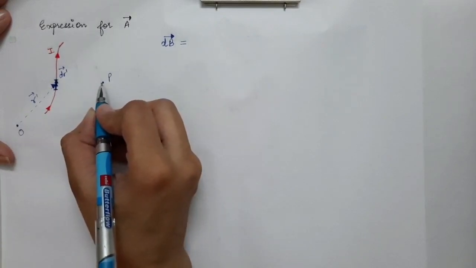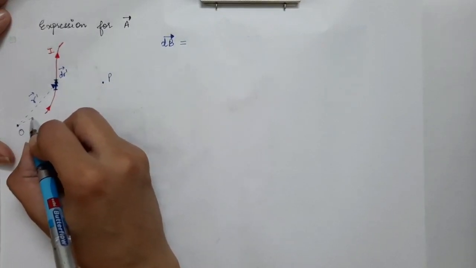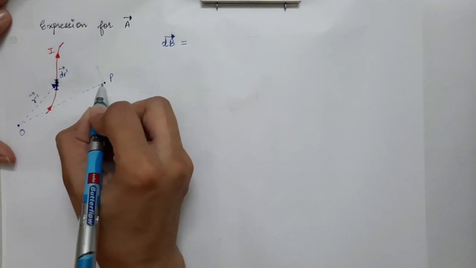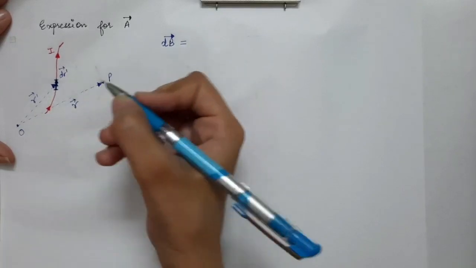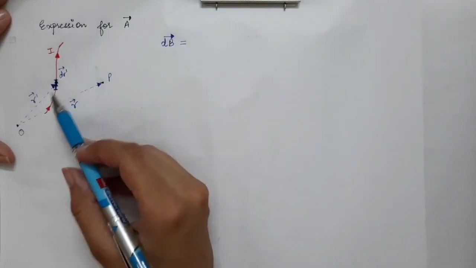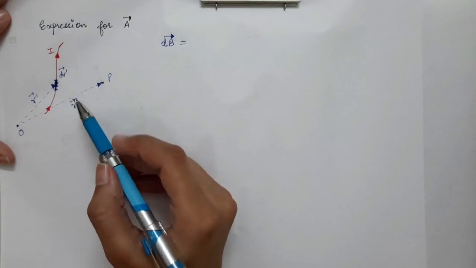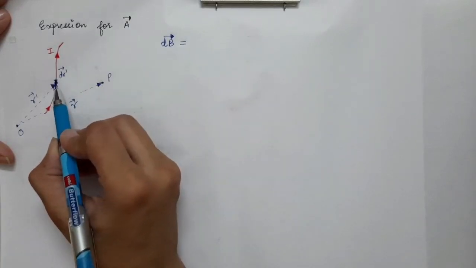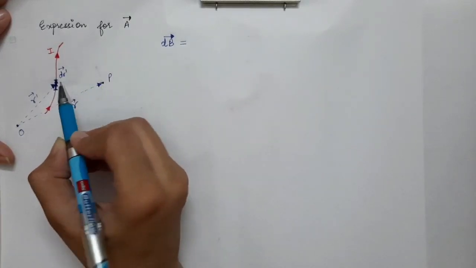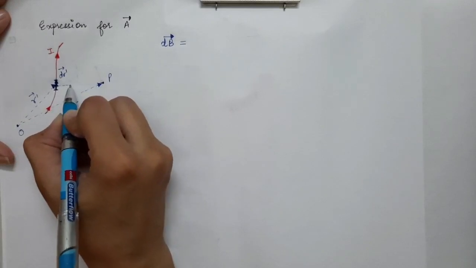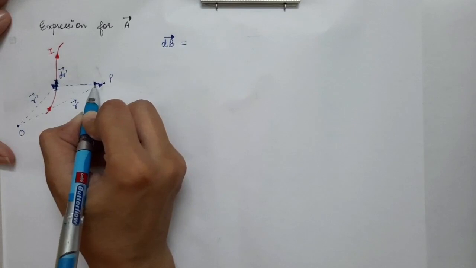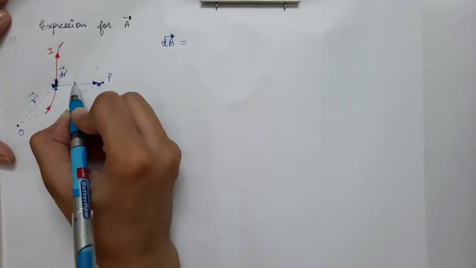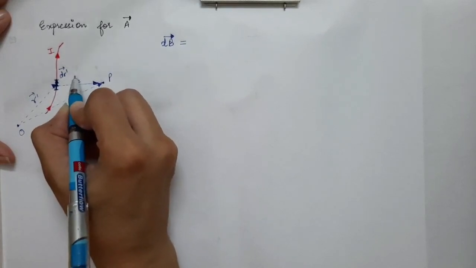What is the position vector of the observation point? That is the OP vector, and let's represent it by r vector. I am using the same vector notation that I used in the previous derivation. Then we have this vector from the line element to the observation point, represented by curly r vector.